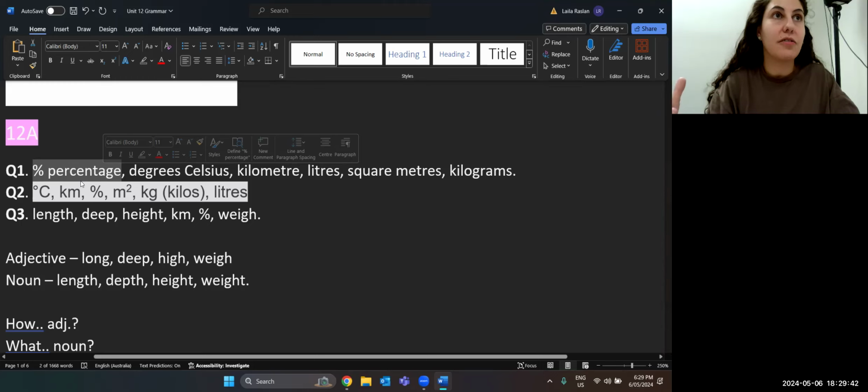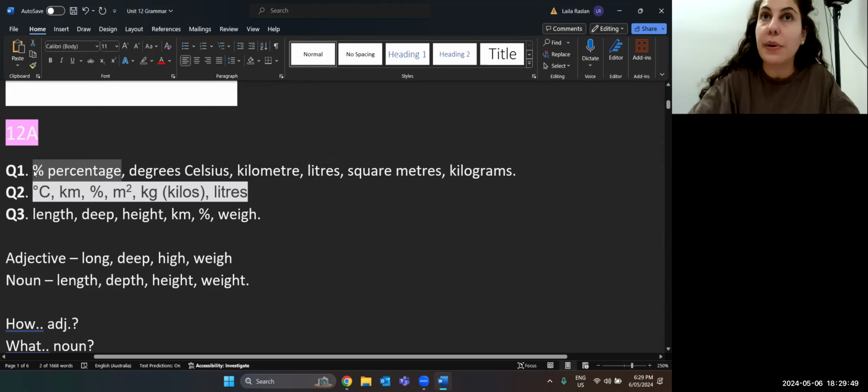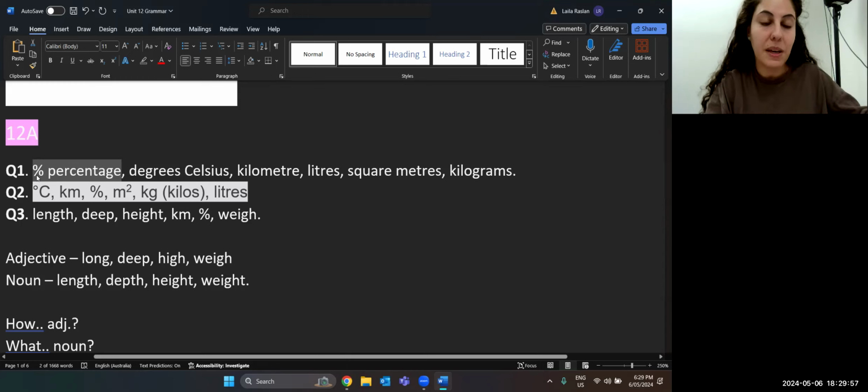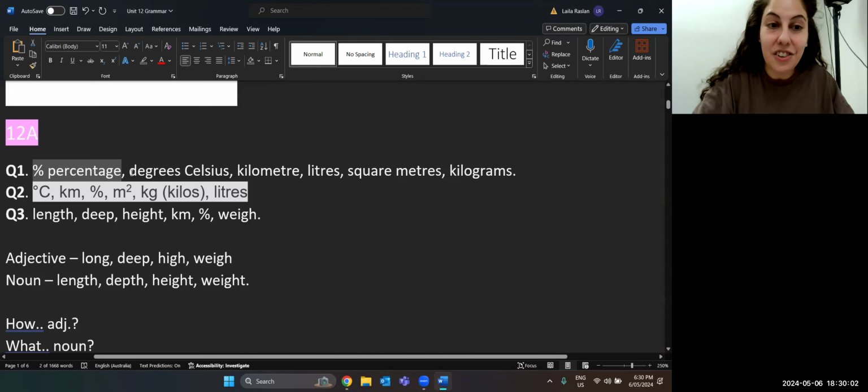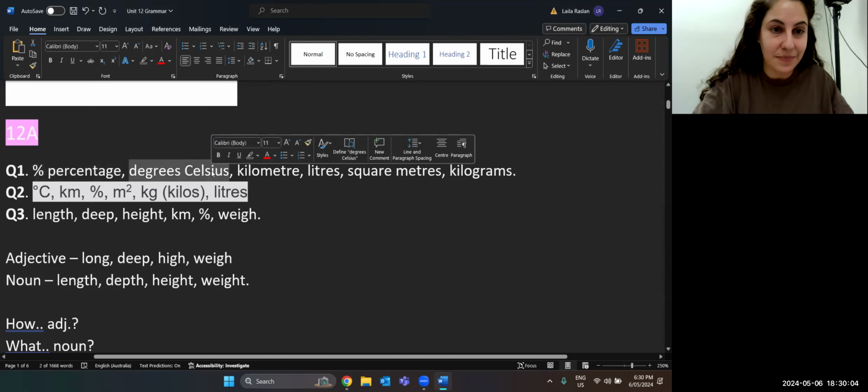Maybe you want to make a vote to see which president is going to be the president. You ask people which one they want to be president. So you can have a percentage. You can see this many people chose this option. This many people chose this option. The next one is degrees Celsius.